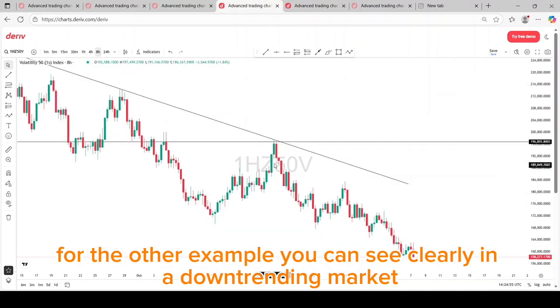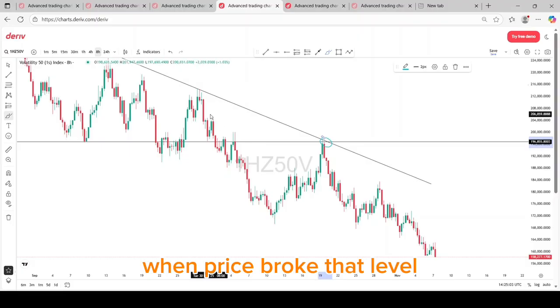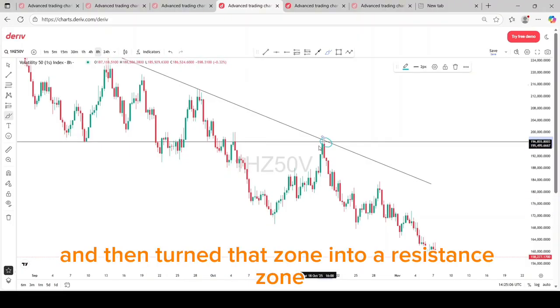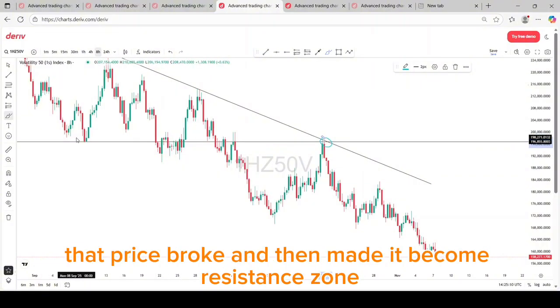For the other example, you can see clearly in a downtrending market, here, price broke that level and then turned that zone into a resistance zone. This was previously a support level that price broke and then made it become a resistance zone.